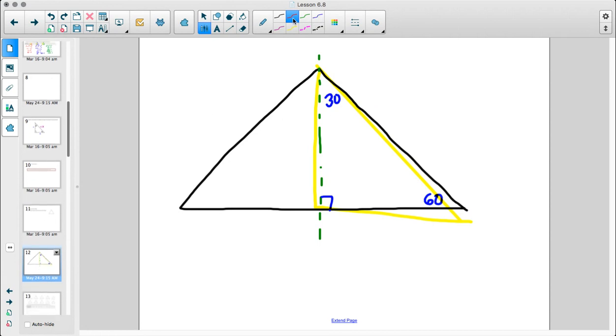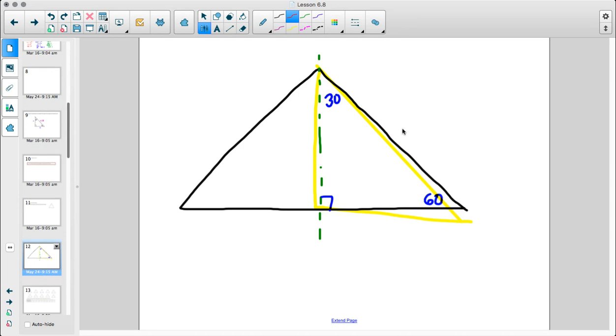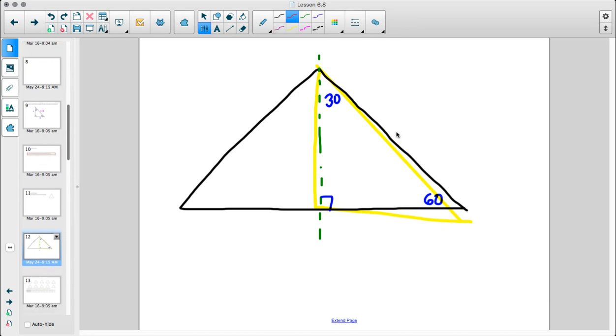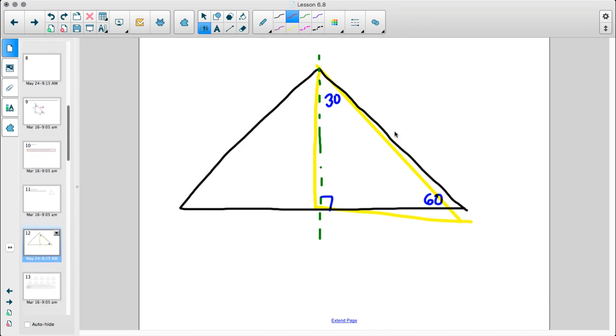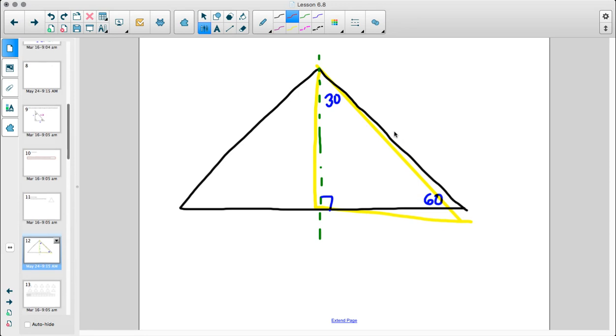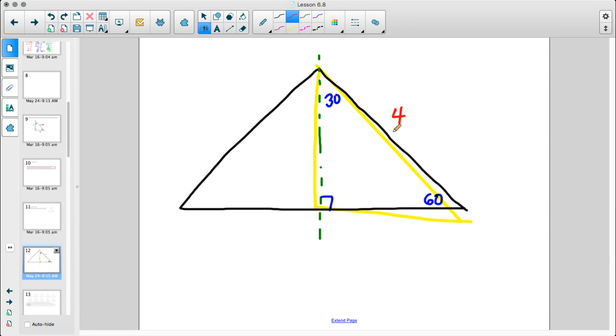So if this side, let's just do an example. If this side were 4, well, this side's also obviously 4, and this other long side is also 4, right? Because it's an equilateral triangle. If I take half of it, though, this side is going to be 2, right?